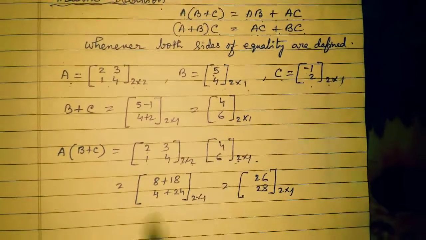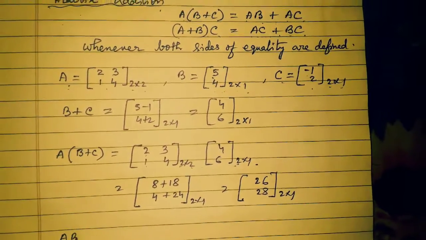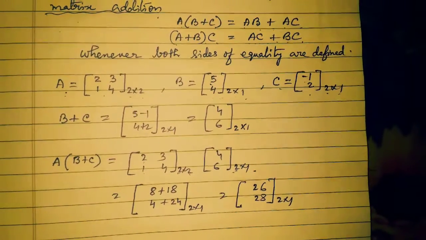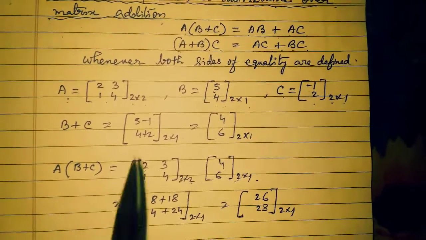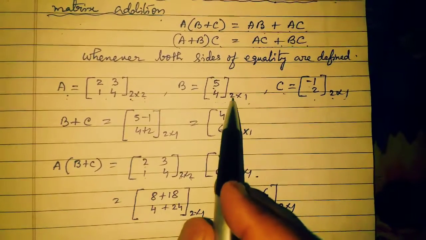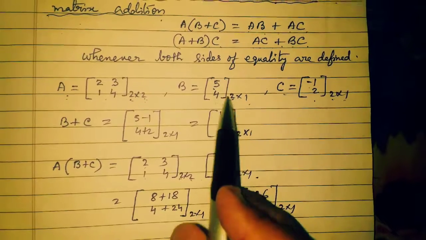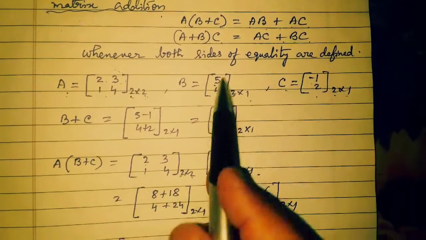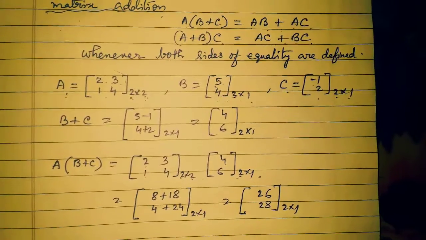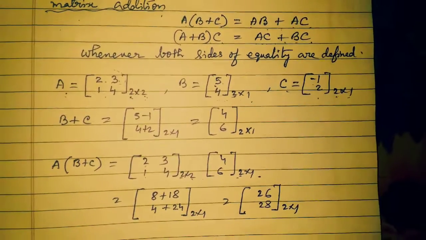Now the right hand side is AB. What is AB here? So we'll see whether AB is possible or not. Yes, AB is possible because the column of A is 2 and the row of B is 2. If you multiply the first row with the first column, 2 into 5 is 10, plus 3 into 4 is 12.